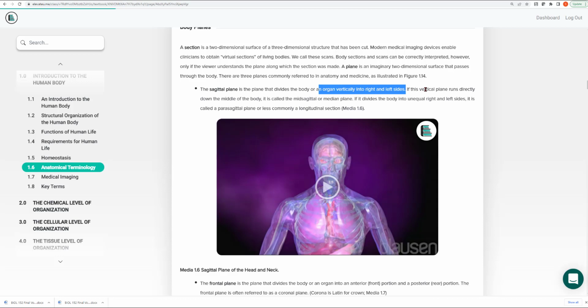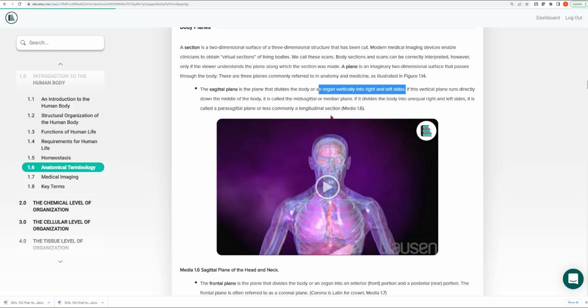Now, these two sides do not have to be identical. So if you divide something, it doesn't matter if it's over here, and you're cutting basically the right arm off, or if it's right down the middle, it's still sagittal.